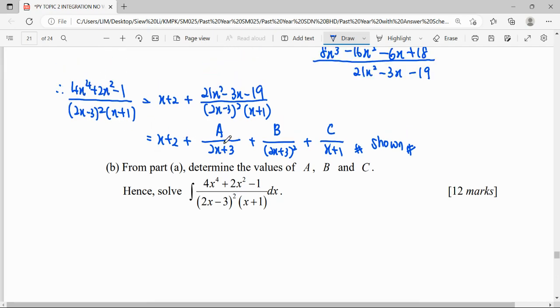By referring to this equation, our remainder part here will be expressed in partial fractions. So this is the part that we're going to split up into partial fractions according to the factor pattern here.